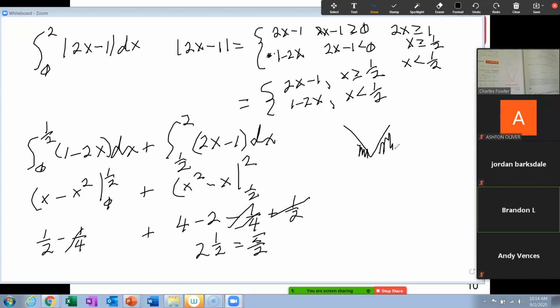It's also offset by 1/2, because when you write that in the form of x minus something, it's x minus 1/2. So it's offset to the right 1/2, goes up sharply, and that's the area that you're trying to do. The first integral was from 0 to 1/2, the second integral from 1/2 to 2. Add those together and you got the area.